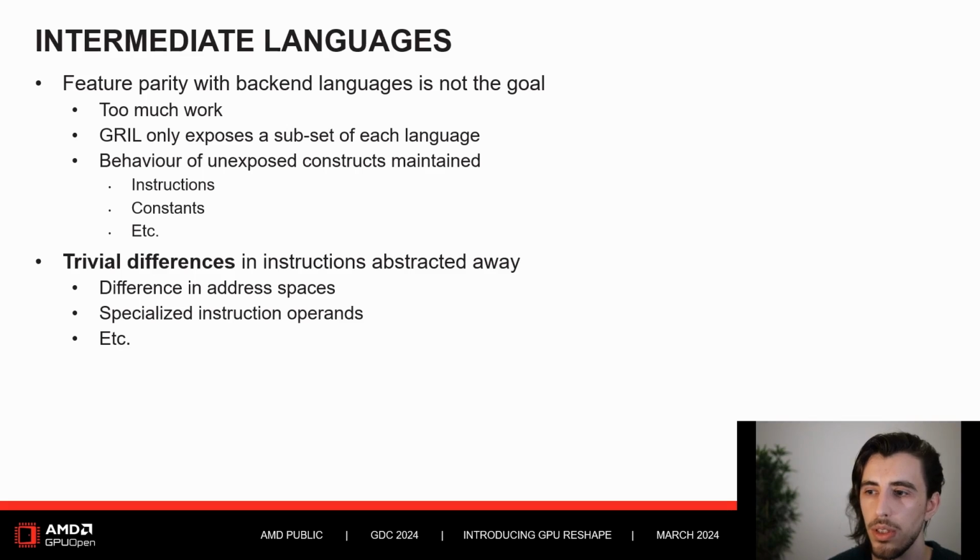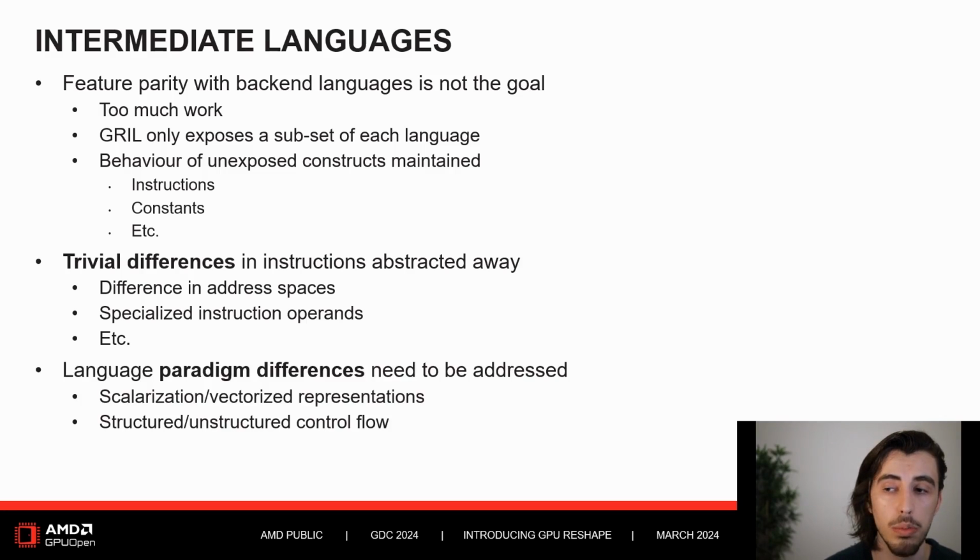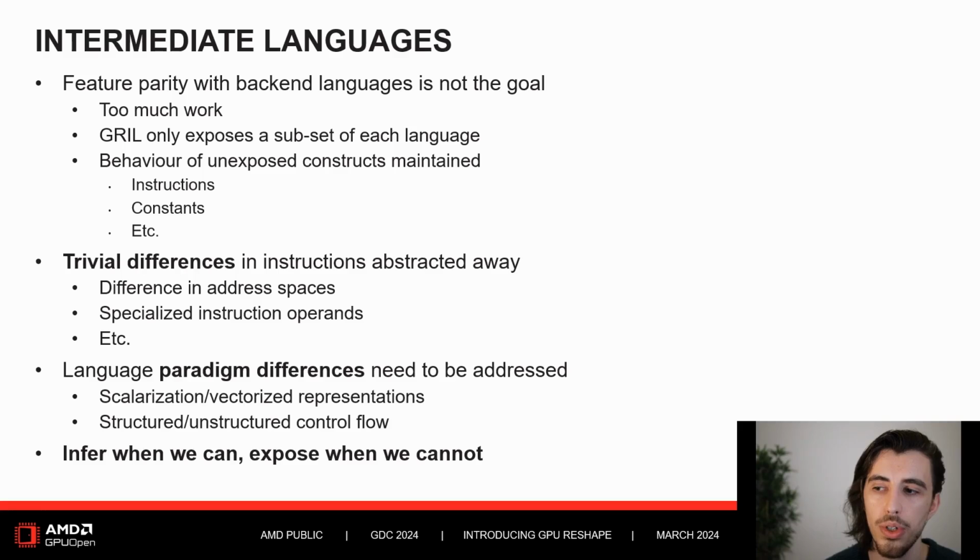And while the trivial differences in the instruction sets are abstracted away, such as address space differences in instruction operands, language paradigm differences are another story entirely. In particular, we have scalarized versus vectorized representations, and what's known as structured and unstructured control flow. What GRIL does here is that it infers when it can and exposes when it cannot.